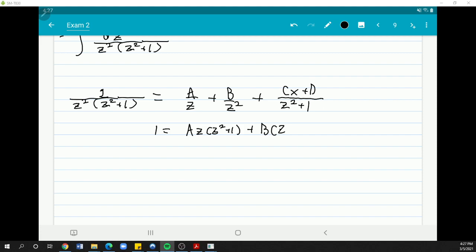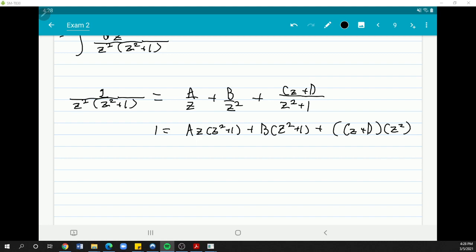Both z squareds go away, so I'm just left with z squared plus 1. And then I'm left with cz plus d. And then the z squared plus 1 cancels, so I'm left with z squared.